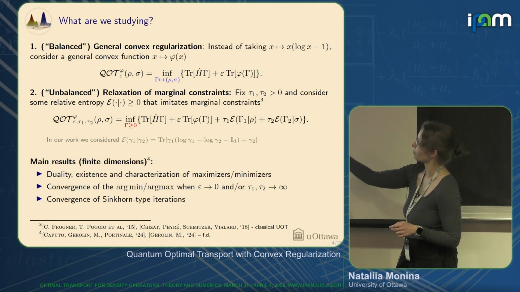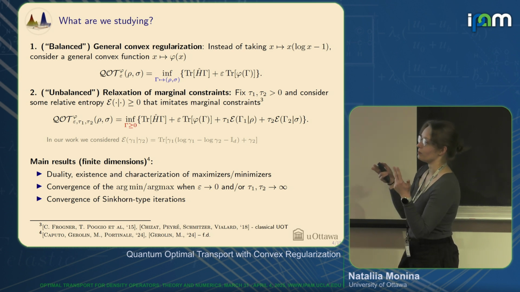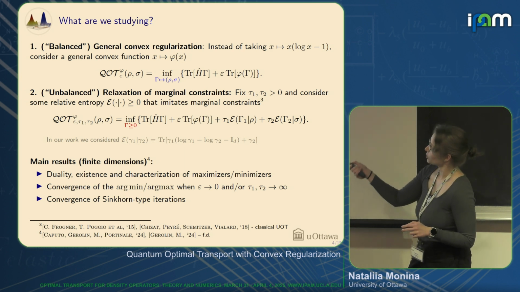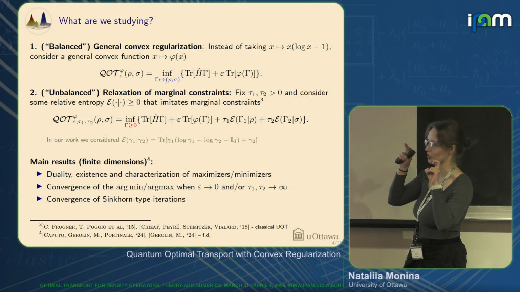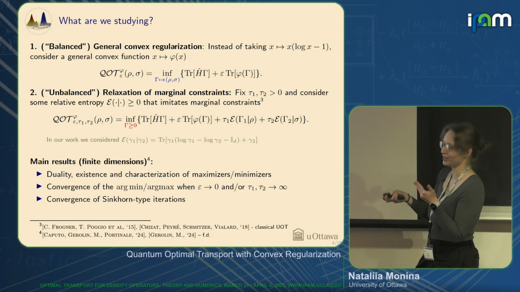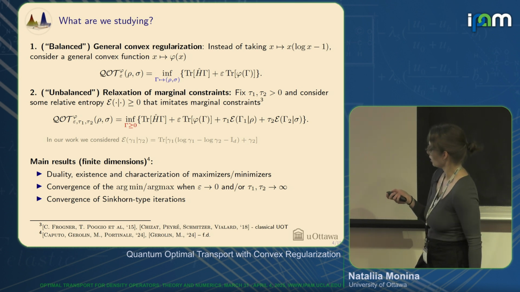We not only recover the same value of the QOT, but we also recover that the minimizer converges to the minimizer, and the maximizers converge to some maximizers of the dual. And for the balanced problem, we define the special Sinkhorn iterations. They are very implicit, so they're not really easily computable, but we define them and show that it's a maximizing sequence and it converges.